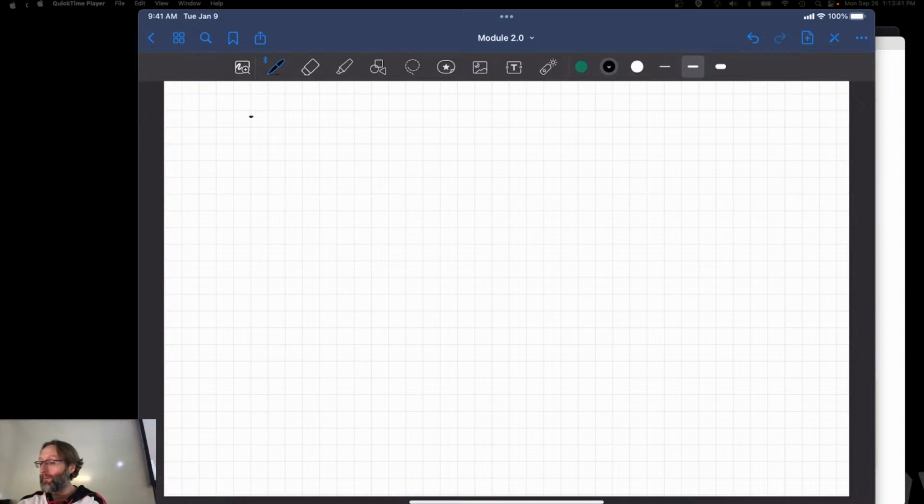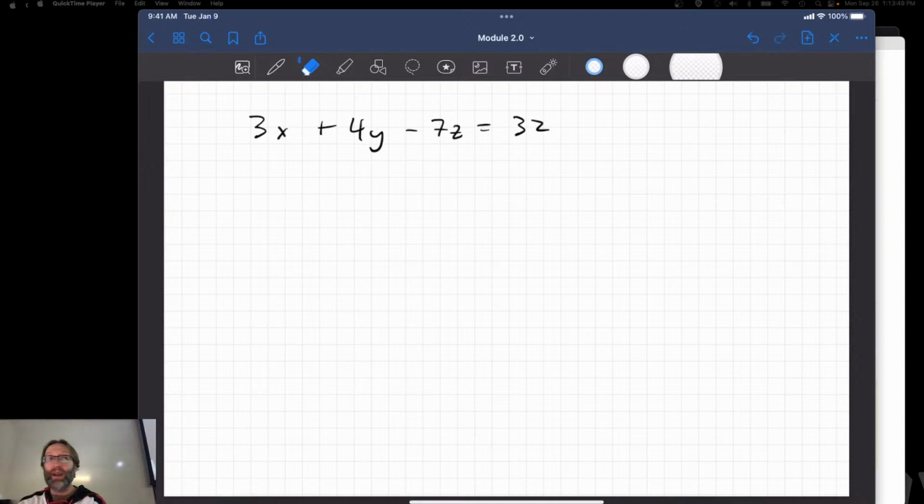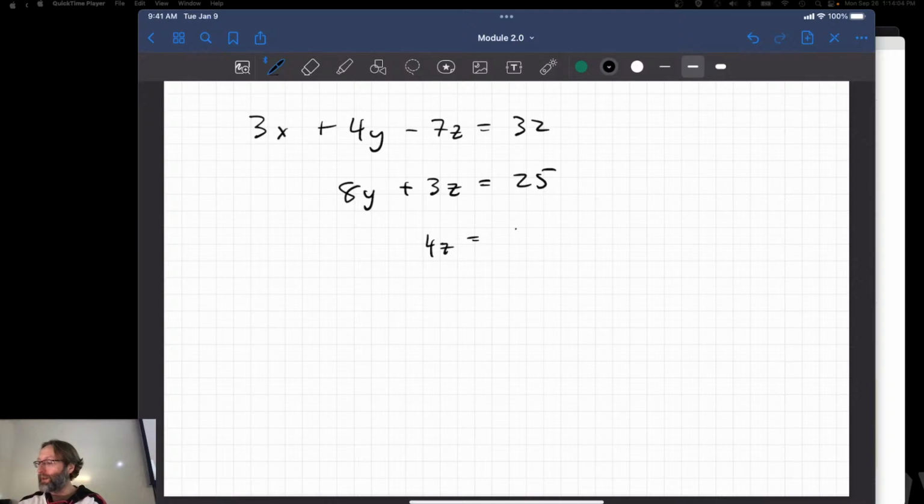So 3x plus 4y minus 7z is equal to 32. And then I don't have an x over here at all. Instead, I have 8y plus 3z is equal to 25. And then my third equation here will just be z. 4z is equal to 16.